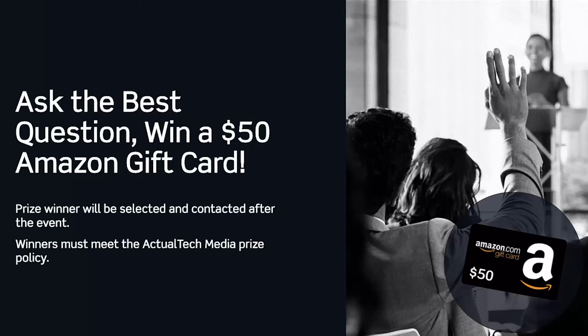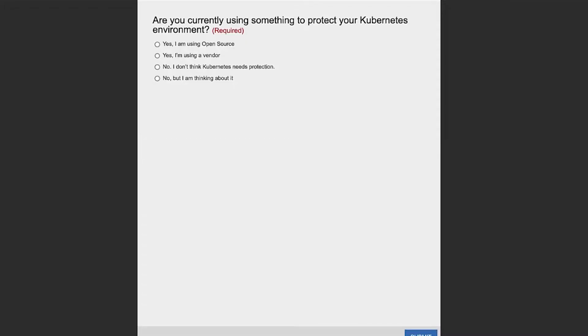Now, before I introduce you to our two expert presenters, I've got a question for you. The poll on the screen asks, are you currently using something to protect your Kubernetes environment? Maybe you have some sort of open source solution, or a third-party vendor for Kubernetes data protection.